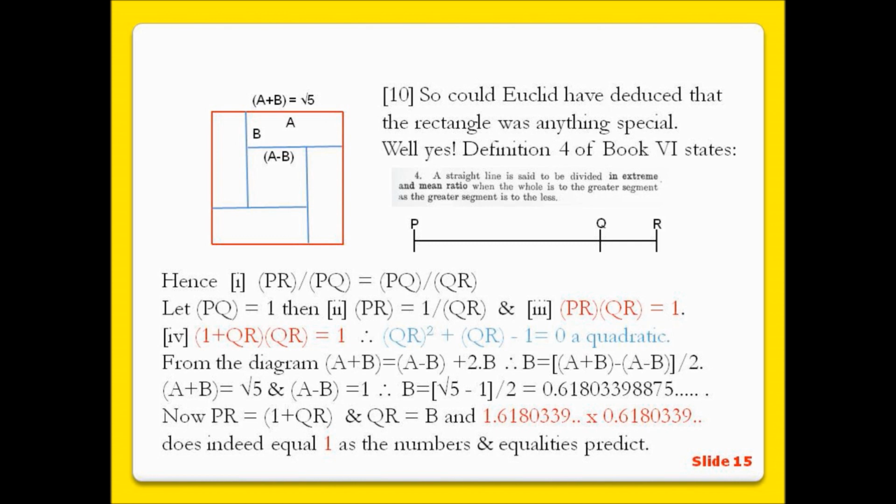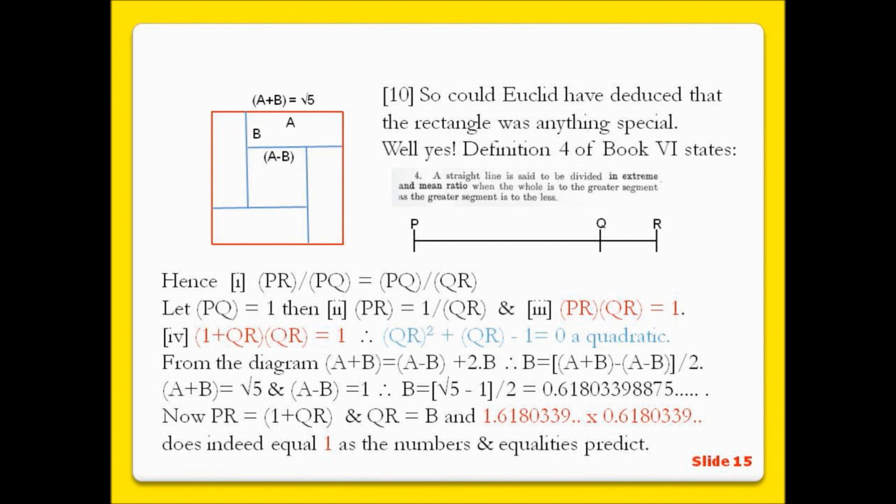Let PQ equals 1, then 2. PR equals 1 divided by QR, and 3. PR times QR equals 1. 4. 1 plus QR times QR equals 1. Therefore, QR squared plus QR minus 1 equals 0, a quadratic.